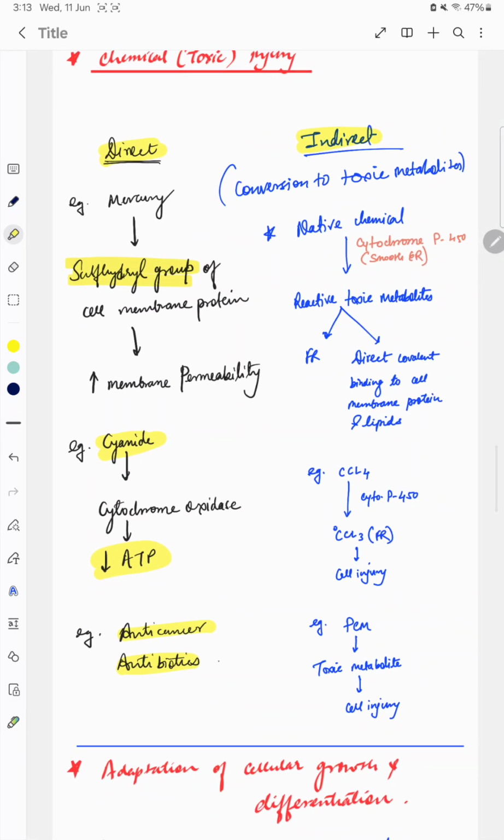In indirect chemical injury, first the chemical is converted into a toxic metabolite, and that toxic metabolite will result in cell injury.